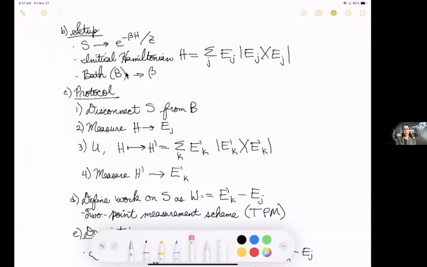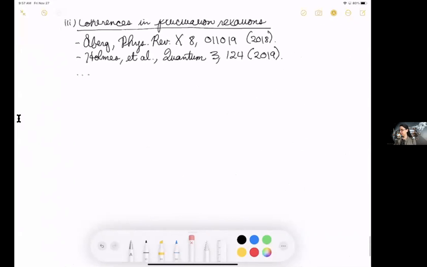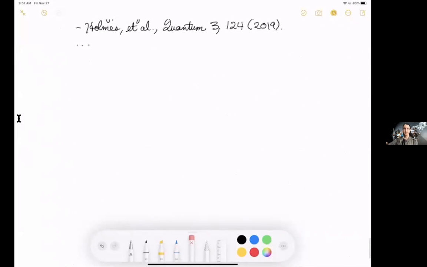Let's begin on resource theories, which we'll talk about a lot more during the next few lectures. I will often abbreviate resource theory with RT.